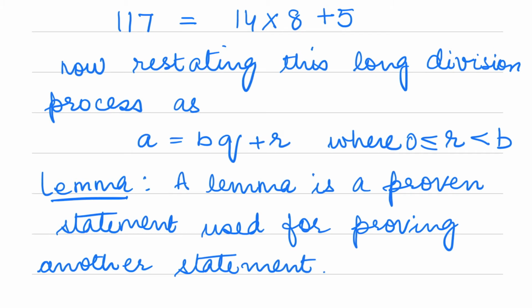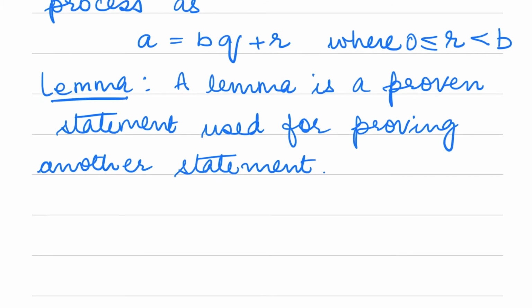So now we know Euclid was a mathematician. Division is about the divisibility of integers, and lemma is a proven statement. So we are proving this statement, and that will be used for other mathematical statements. So now formally we can write down.